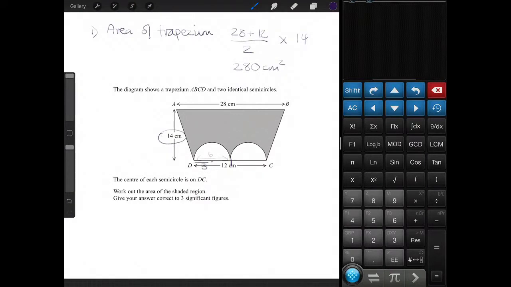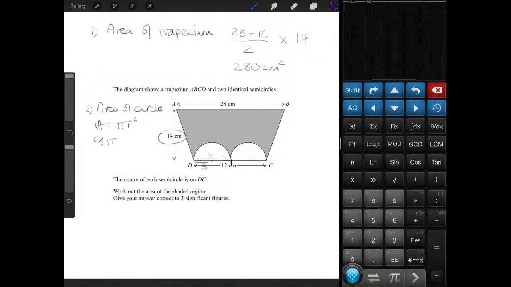So what I've got for the second part is the area of a circle. Now, I'm really sorry I don't know any nursery rhymes for this, but the area is pi r squared. Now, the radius, as we said, is going to be 3. So it's going to be 3 squared is 9, so it's going to be 9 pi.